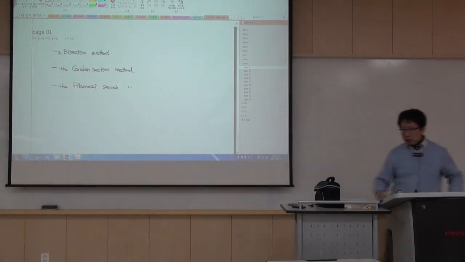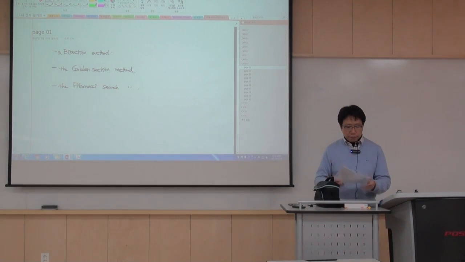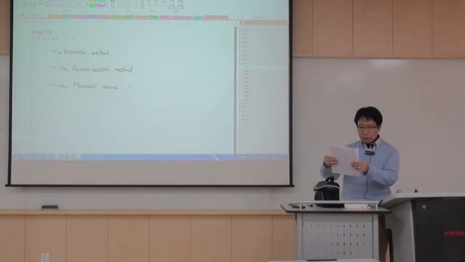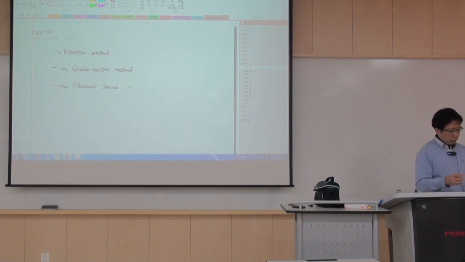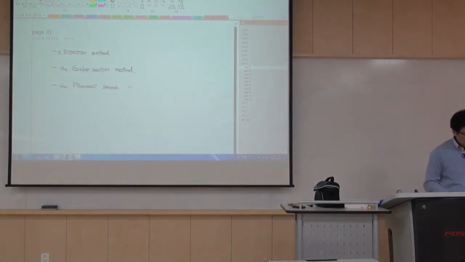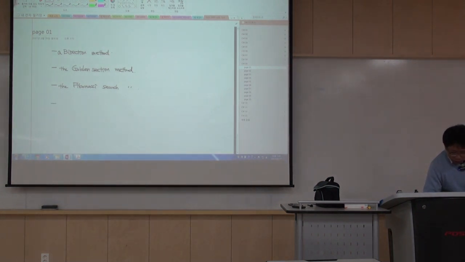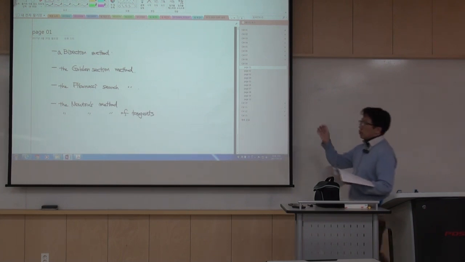And what else did I mention? Newton's method. The Newton's method for one-dimensional search has an alias, a nickname: Newton's method of tangents. Why suddenly do we have Newton's method of tangents?